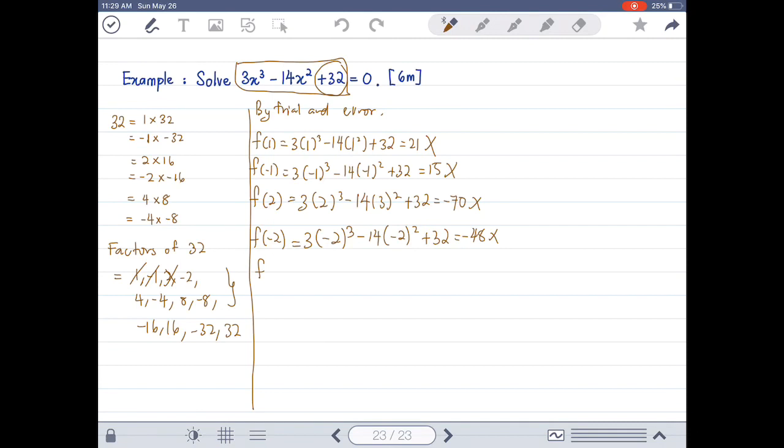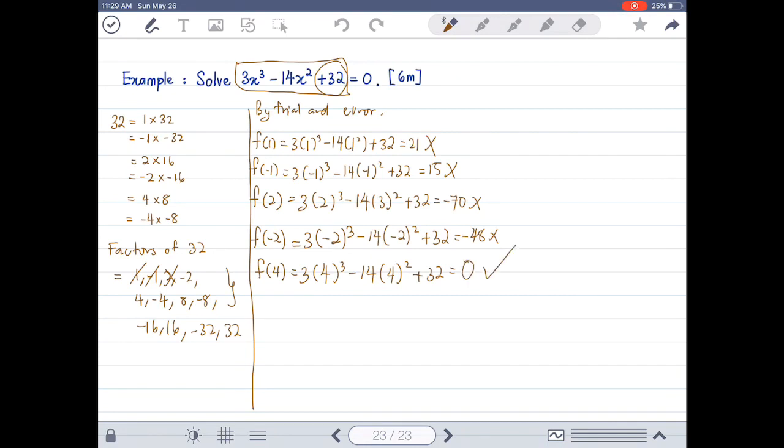We try f(4). So 3 times 4 to the power of 3 minus 14 times 4 squared plus 32. Oh, then we will get 0.